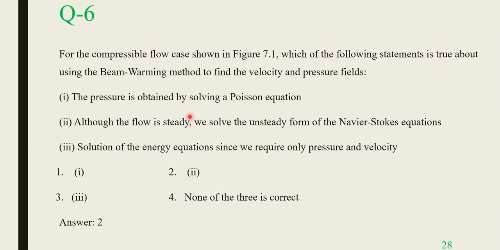And one more thing is, it is a second order accurate scheme, and since we are dealing with an implicit scheme, there would be no stability conditions associated with it.